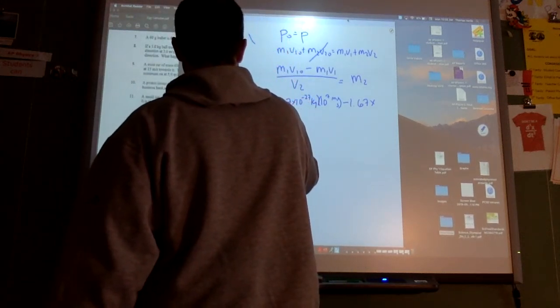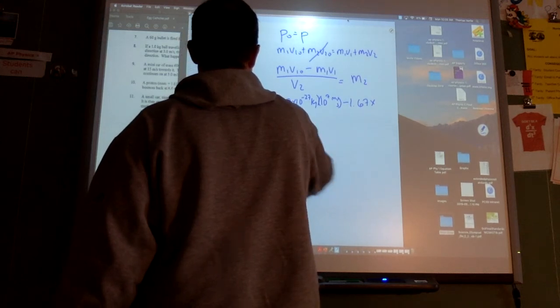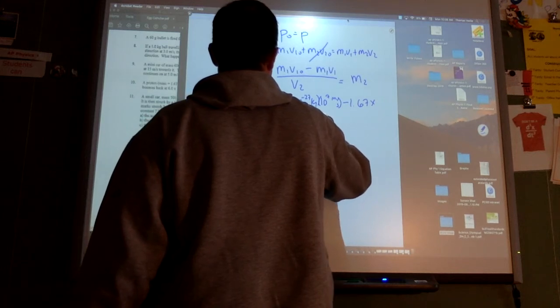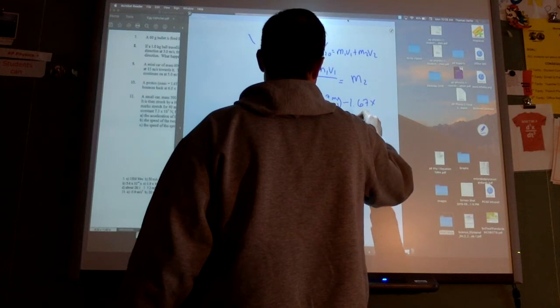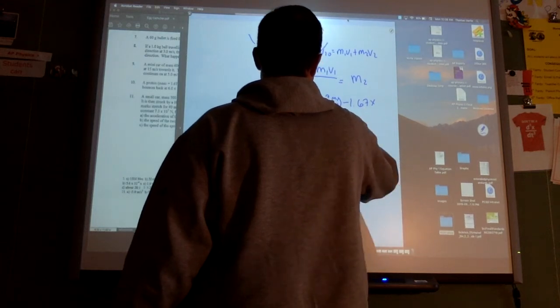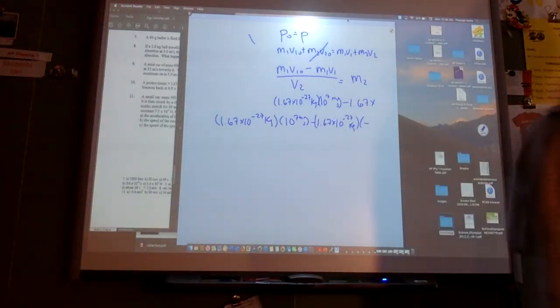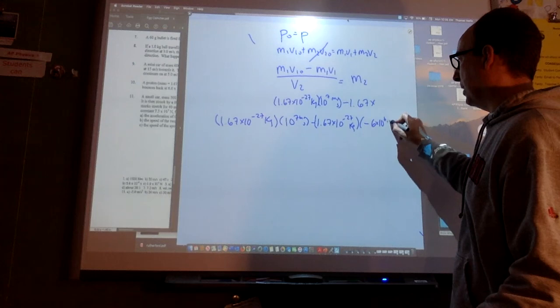All right, so 1.67 times 10 to the negative 27th kilograms times 10 to the 7th minus 1.67 times 10 to the negative 27th kilograms times negative, because we're saying it bounces back, right? 6 times 10 to the 6th meters per second.